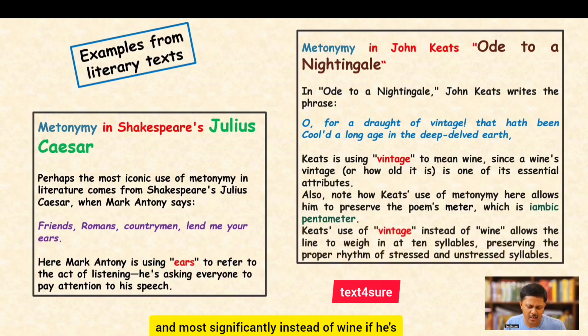Most significantly, instead of wine, if he used vintage, then the line followed the ten syllable pattern. So when Keats used vintage instead of wine, it seems a metonymy because these are closely related. Vintage means old, age-old wine. So it is also preserving the proper rhythm. So these are two good examples from literary texts. There are a lot. I have just chosen these two.